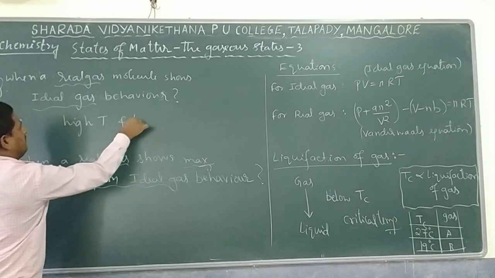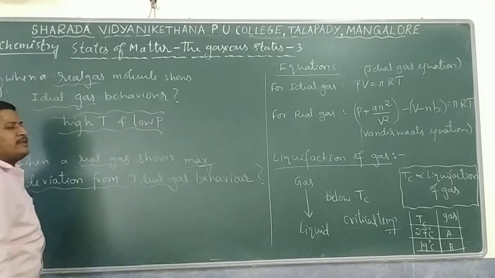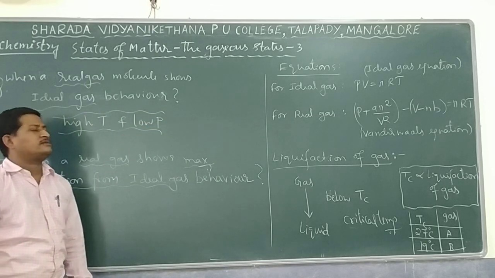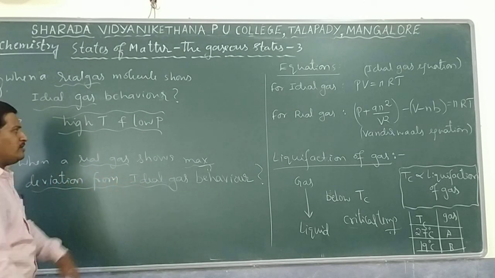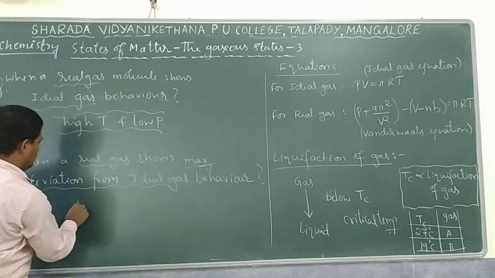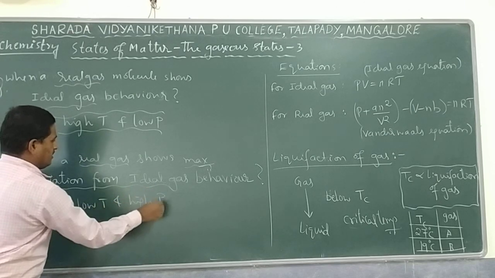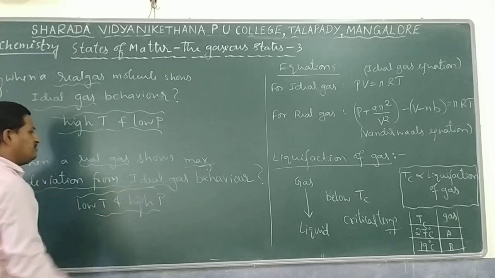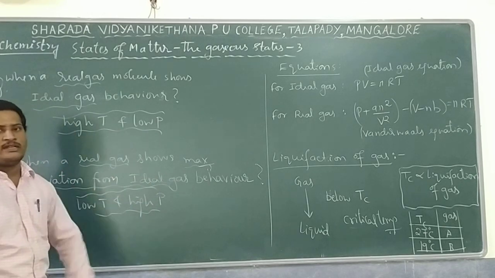Remember, high temperature and low pressure is the most important. For maximum deviation, just reverse that: low temperature and high pressure. At low temperature and high pressure, it will show maximum deviation from ideal gas behavior.